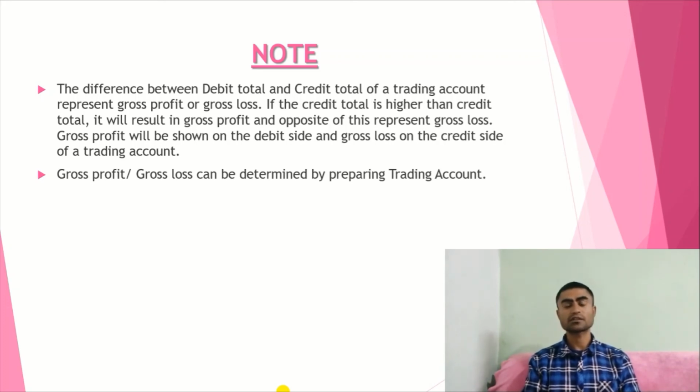Then we should write gross profit or gross loss can be determined by preparing trading account. And how do you prepare trading account? There are different processes, steps, and different items I already mentioned to you. So this is the end of the theory part of the trading account, and here is the exercise.